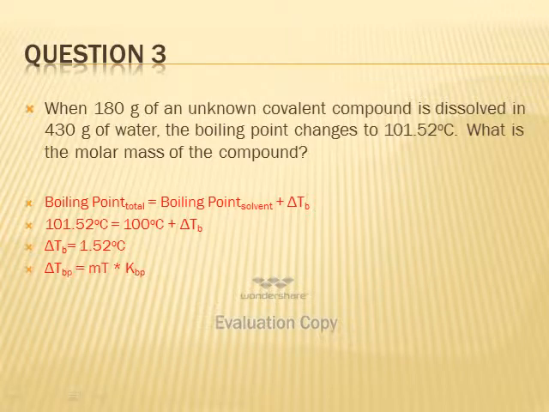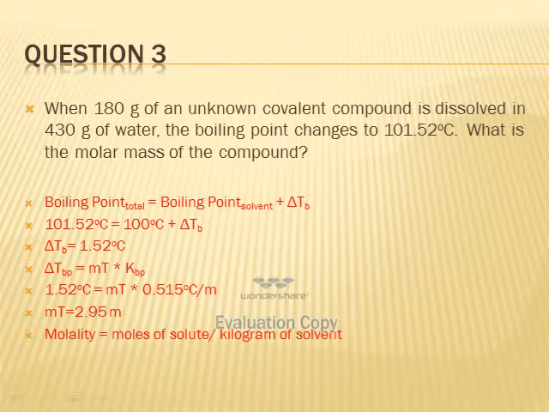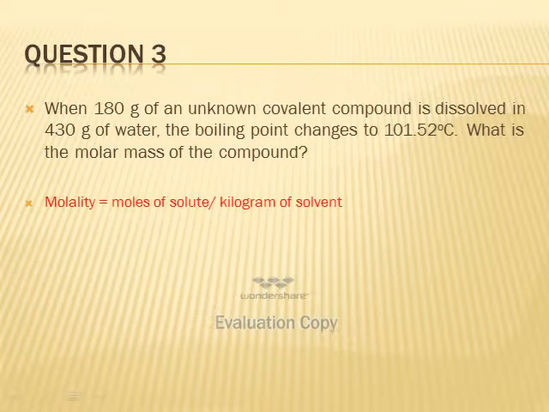We need molality, so we can solve for it using delta Tb equals m times Kb. 1.52 degrees Celsius over 0.515 degrees Celsius over m equals 2.95 m. So, if 2.95 moles of solute dissolve in 1 kilogram of water, then how much will dissolve in 0.43 kilograms of water?